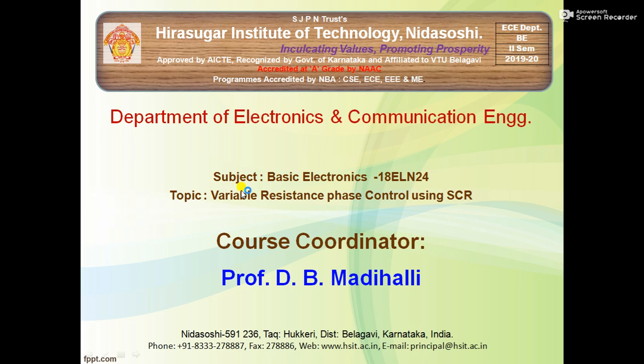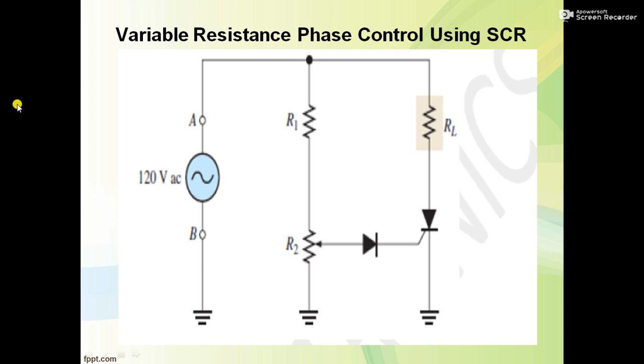Then in our topic, using SCR, we are controlling the phase of the AC input signal by the variable resistor, by the potentiometer. So this is the basic circuit of variable resistor phase control using SCR.